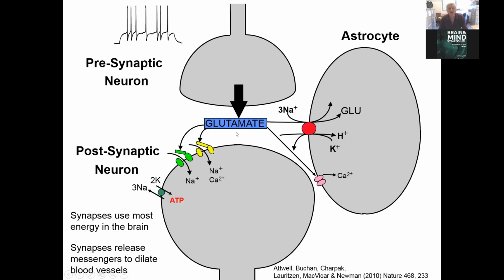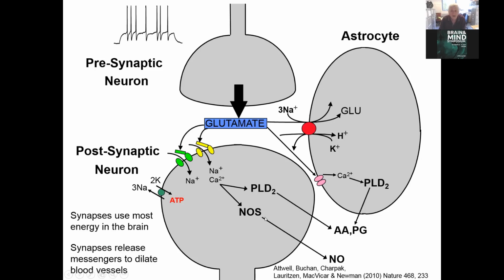Glutamate is the transmitter at 85% of the synapses in your brain. Of course, it opens rapidly acting AMPA channels and slower acting NMDA channels. It also raises calcium in astrocytes, and calcium goes up in neurons because of glutamate activating the NMDA channels. These rises of calcium can activate enzymes like phospholipase D2, which makes arachidonic acid, and nitric oxide synthase, which makes nitric oxide.